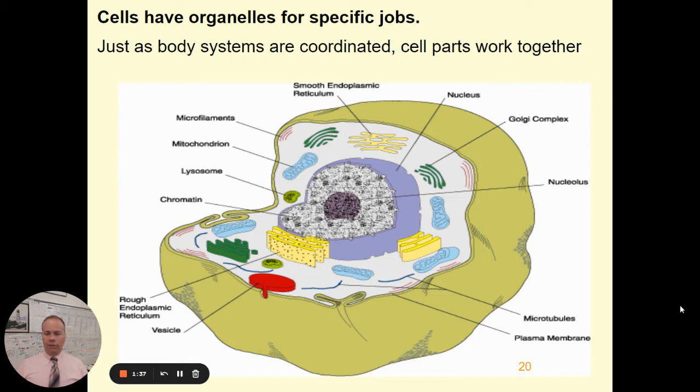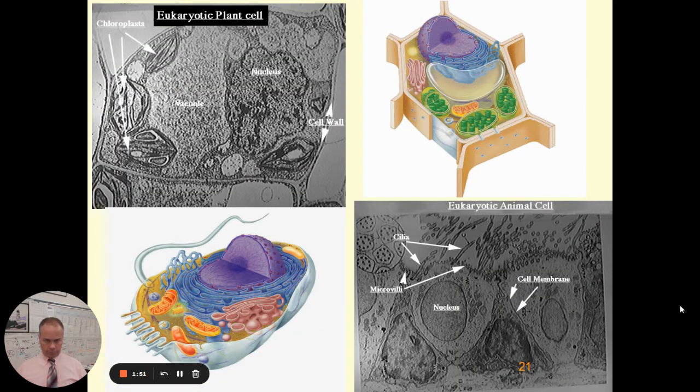We've looked at slides of cells many times, and we've drawn diagrams of cells. Within cells are these structures that have a certain job to do, and they all work and interact to allow the cell to complete its function. So, some examples. Here we have a plant cell. Here we have an animal cell.